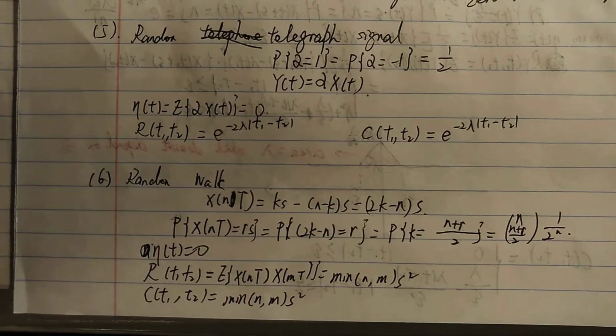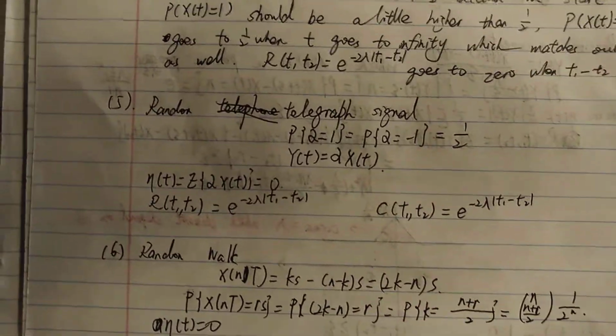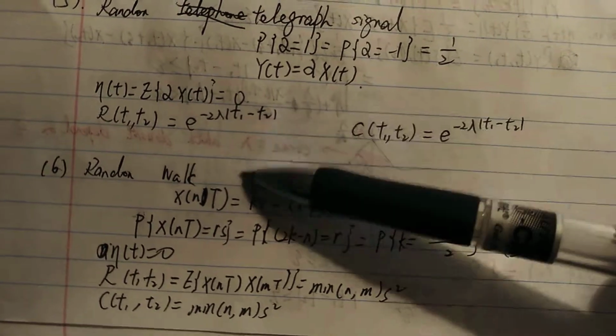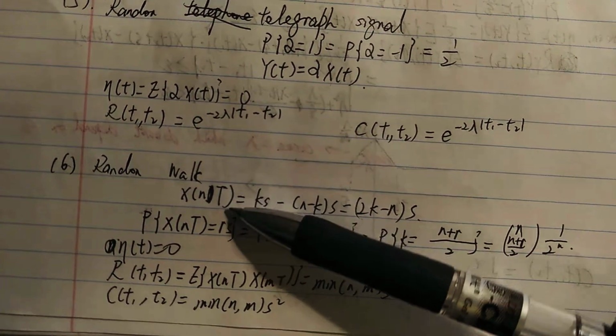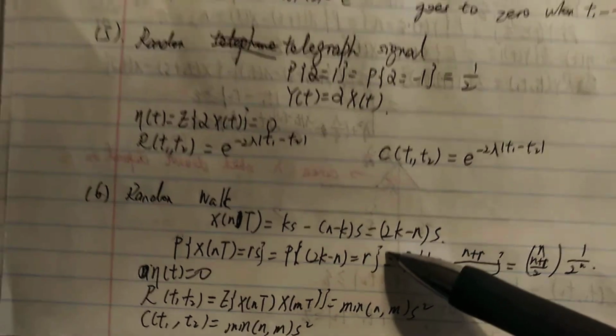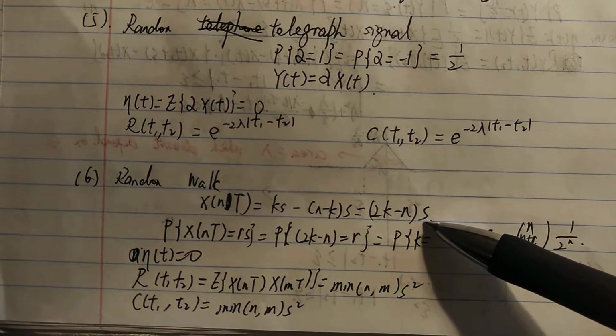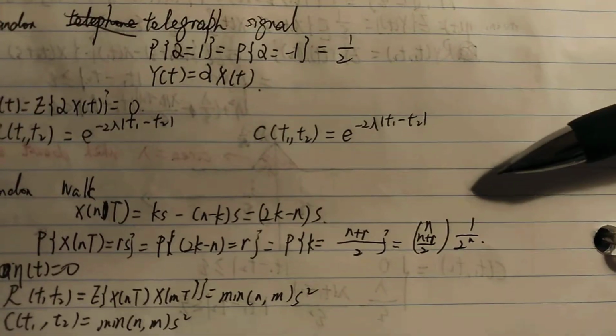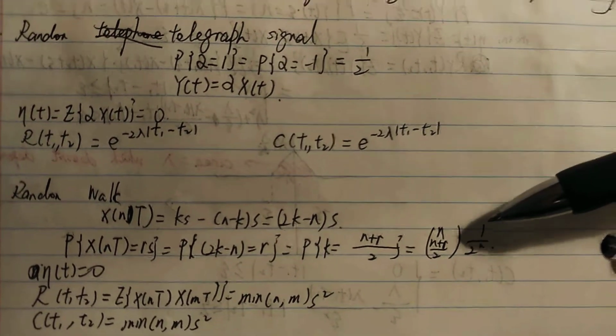And the fifth is the random walk, where we toss a fair coin, and we can write it in this equation. And the probability is equal to this one if the coin is fair.